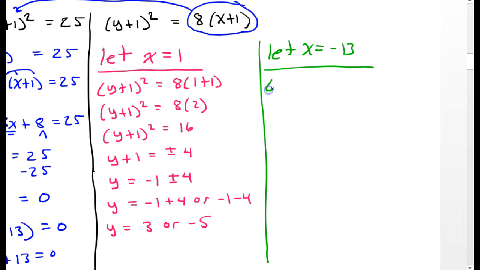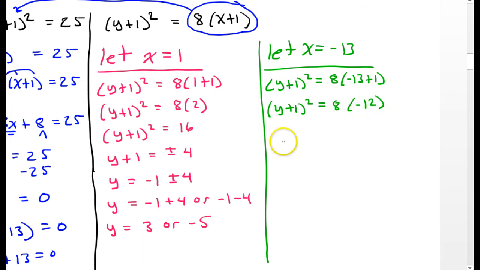So this equation right here will become y plus 1 squared is equal to 8 times negative 13 plus 1. All right, I just put negative 13 right there. So that's going to give me y plus 1 squared is equal to 8 times negative 12. So I've got y plus 1 squared is equal to negative 96.